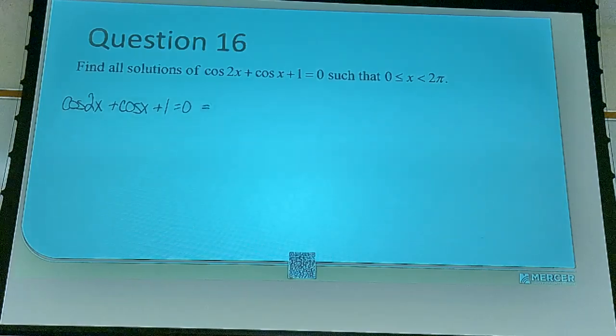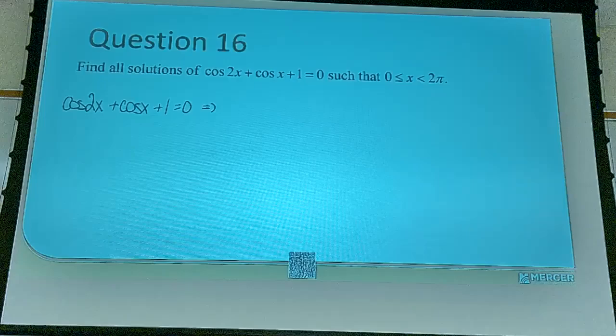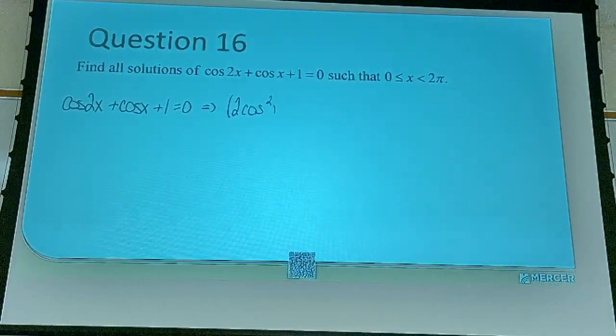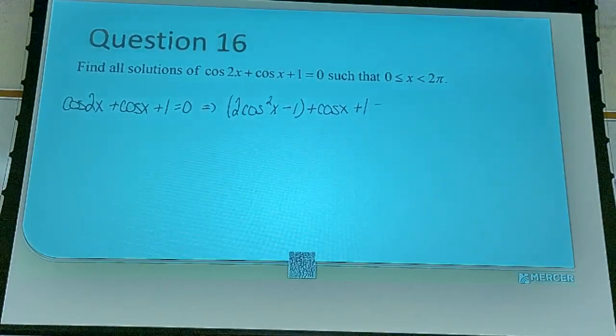Double angle identity on cosine, there are 3 of them, right? 3 forms: cosine squared minus sine squared, 1 minus 2 sine squared, or 2 cosine squared minus 1. Well, we have a cosine of x in there, right? That means the form that we're going to want is the 2 cosine squared minus 1.